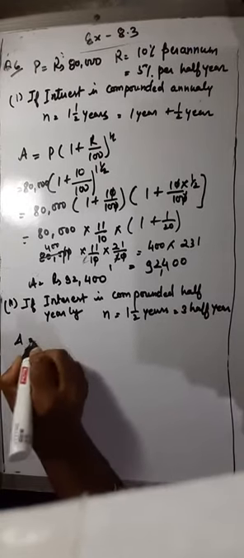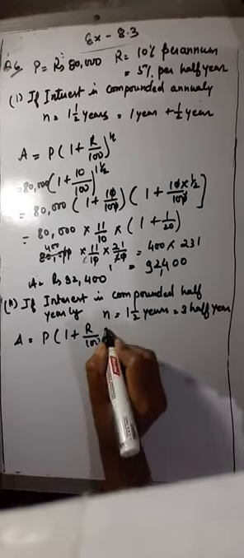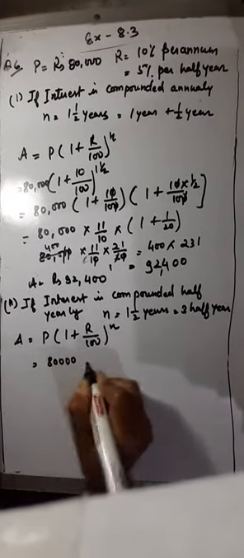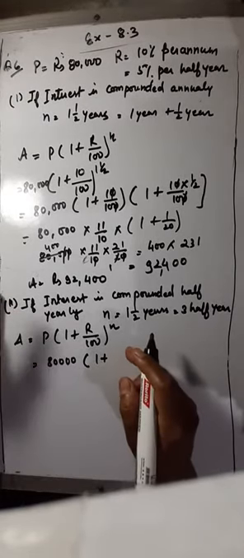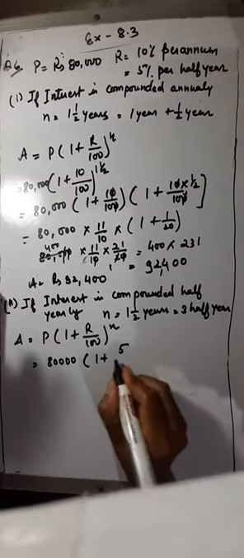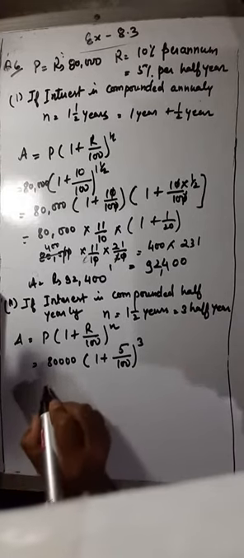Then amount is equal to, we put formula of amount, 80,000 (1 + rate of interest is 5% per half year, 5/100)^3.